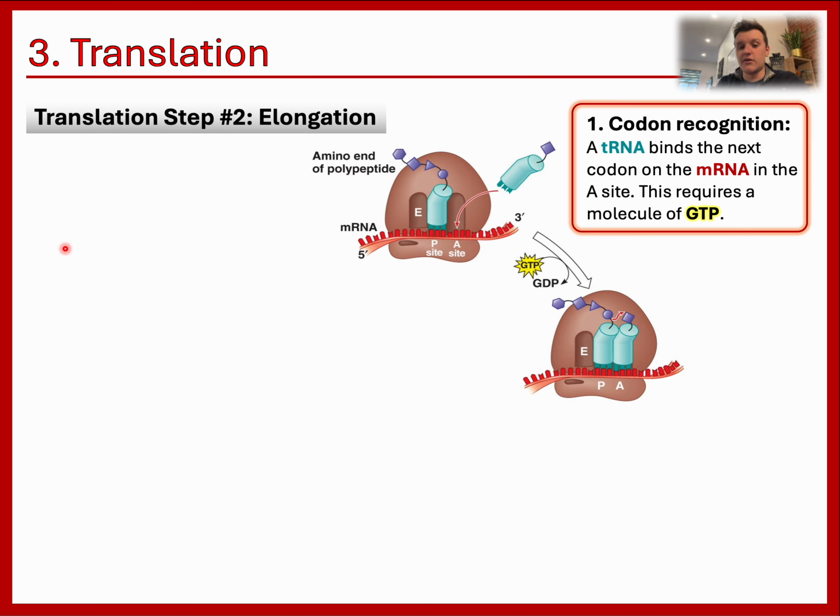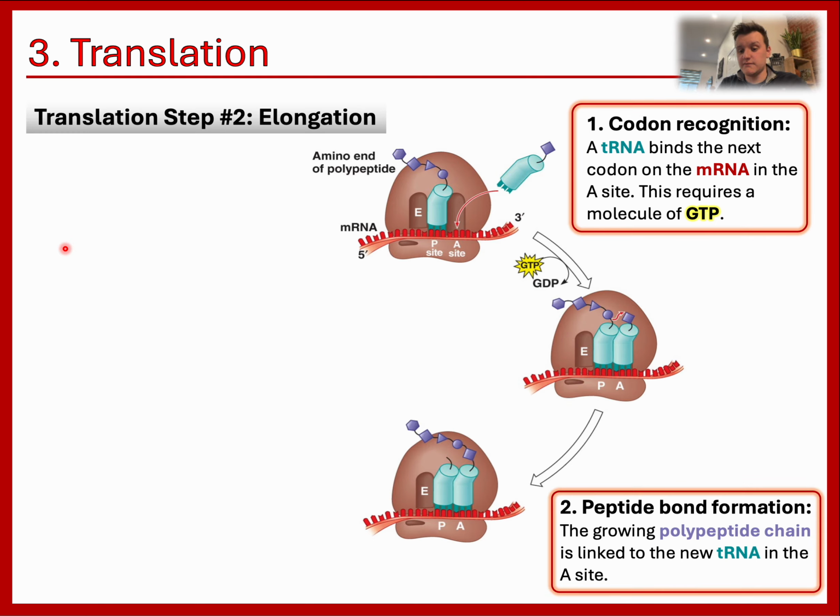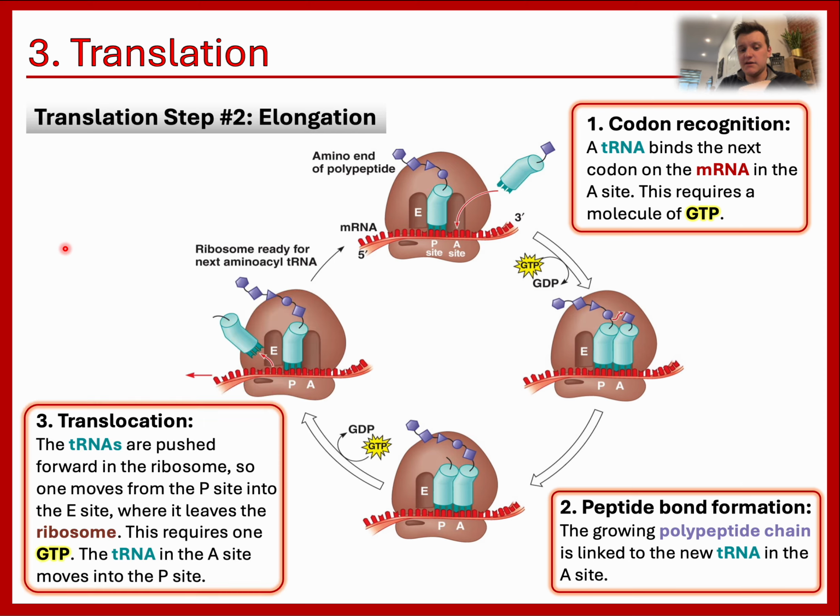So in the A site, the next anticodon on the tRNA will match to the codon on the mRNA. It'll bind, it'll do a peptide transfer, because it's going to make a peptide bond with the next amino acid. And then it pushes and moves to the next site, and it's ready to do another next codon. The next three little pieces, 1, 2, 3, are now going to be in the A site ready to receive a tRNA.